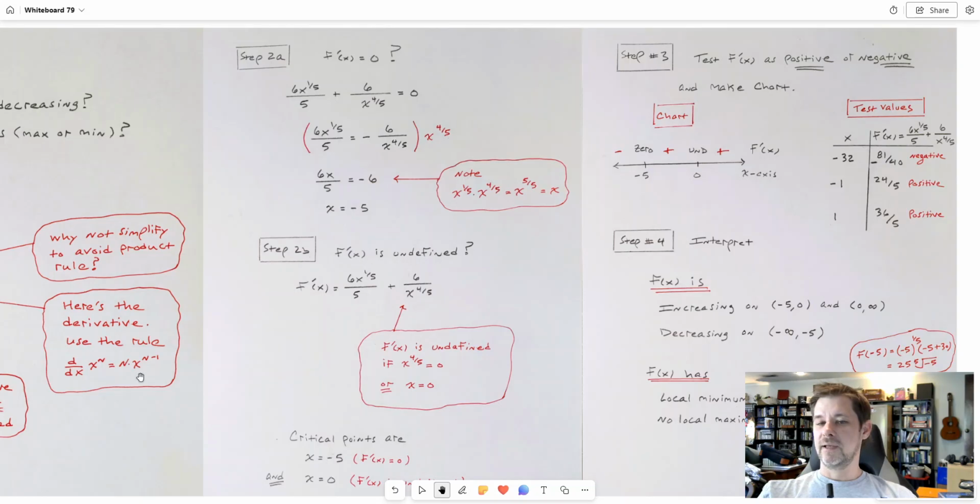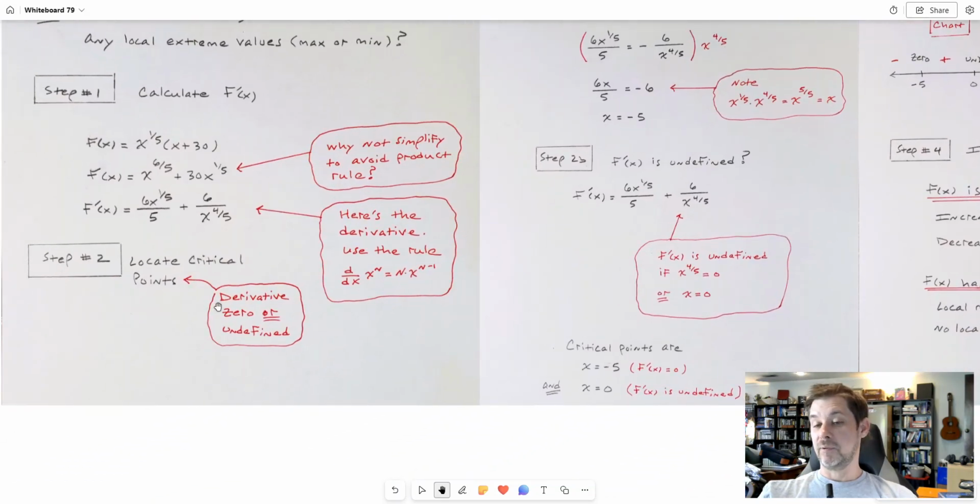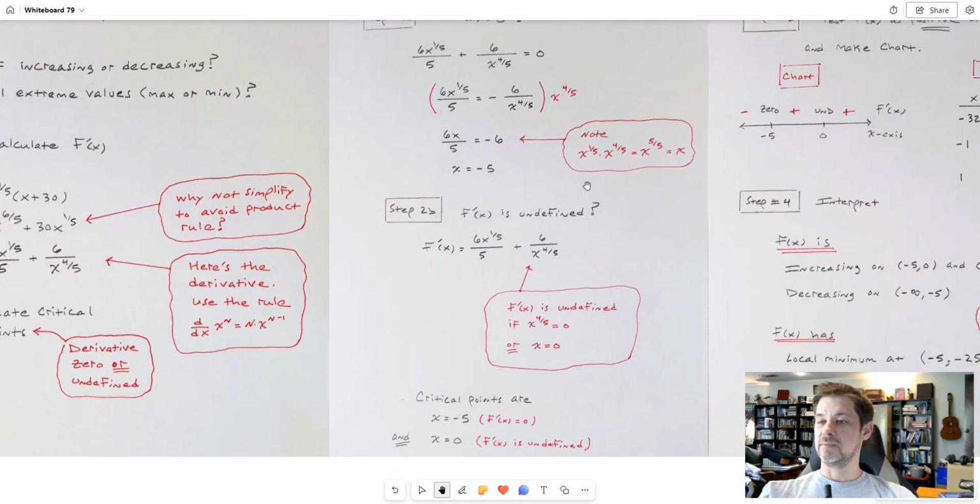Now what about the other case? A critical number or a critical point is a point where the derivative is 0 or undefined. So the other possibility is that the derivative might be undefined. Here again is the derivative. Think about what it would take for this to be undefined. This is just a mathematical operation. We take a number. We take the 5th root of it.